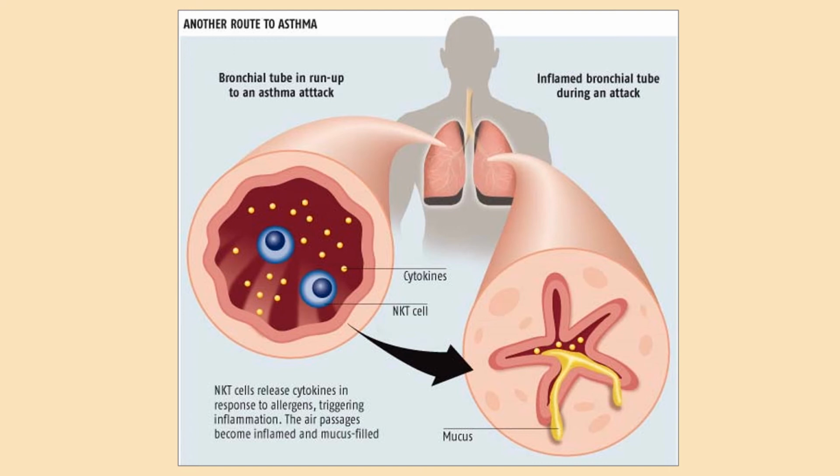With some forms of asthma, an asthma attack can be triggered by allergens, particulates in the atmosphere that induce this immune system response. And notice down here, in this supporting text, it says natural killer cells release cytokines in response to allergens, triggering inflammation. The air passages become inflamed and mucus filled.